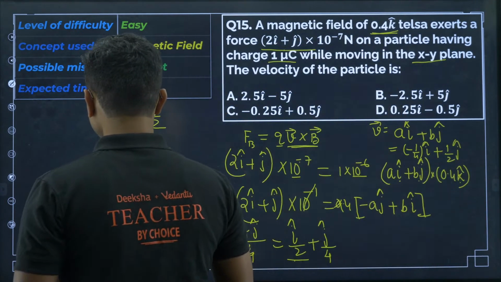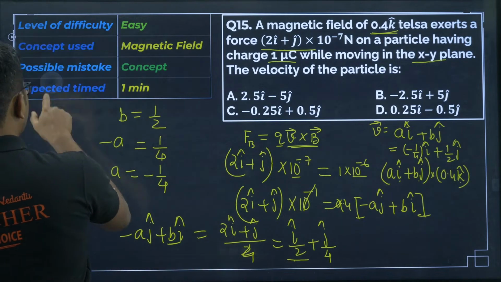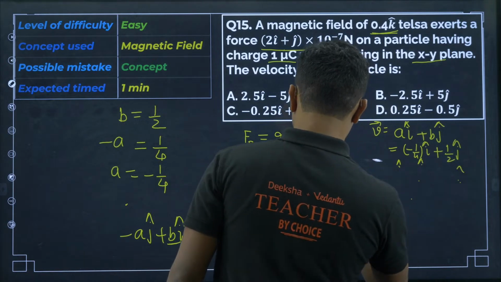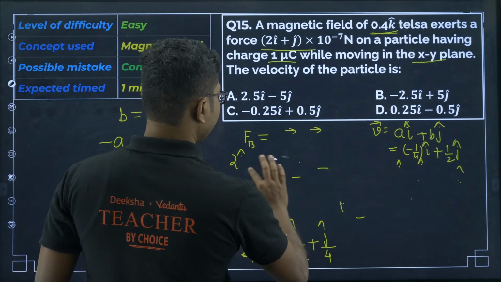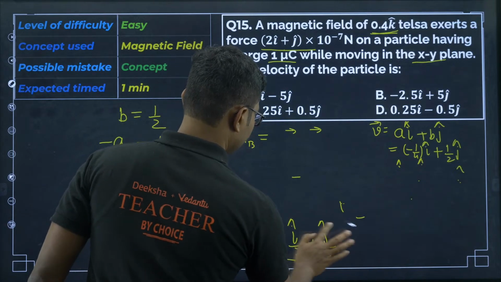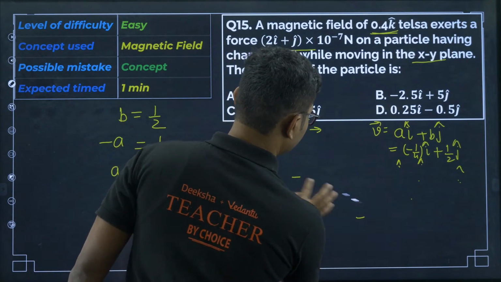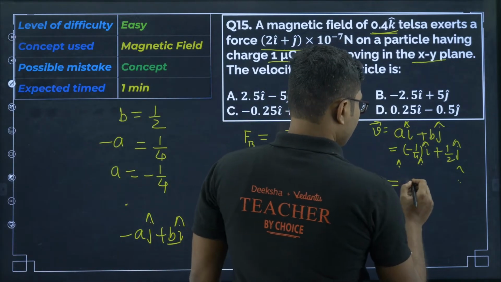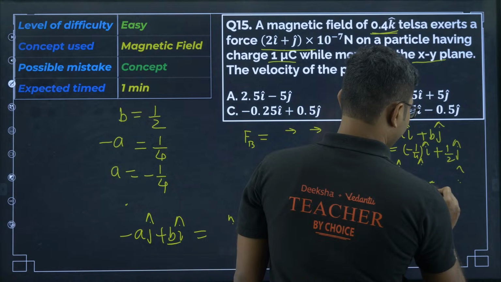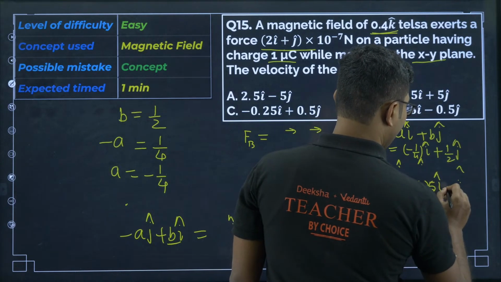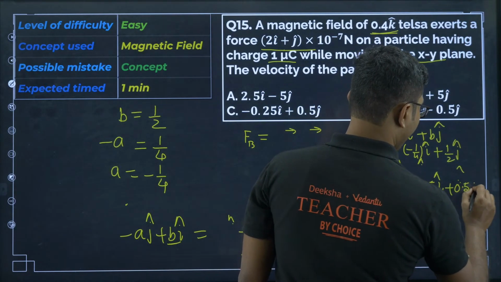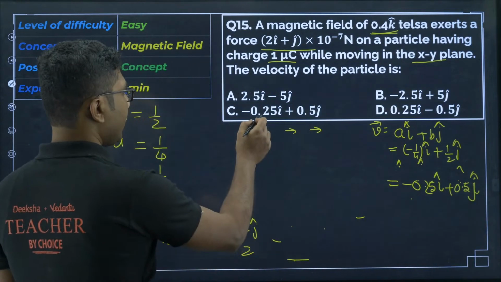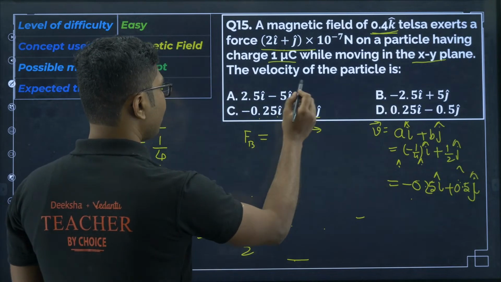That means minus 0.25 i cap plus 0.5 j cap.